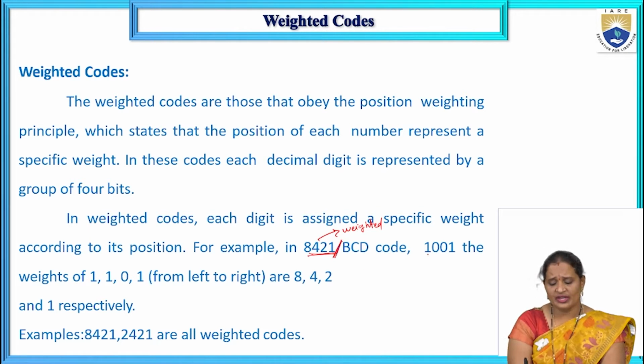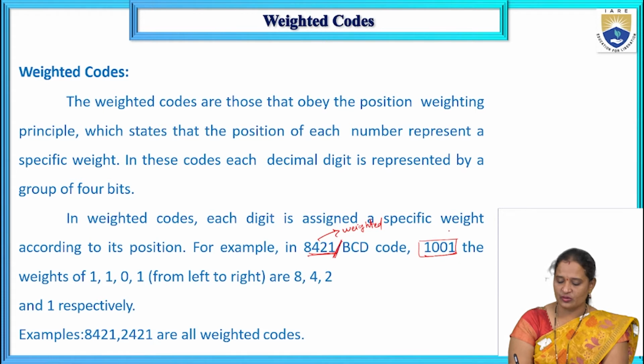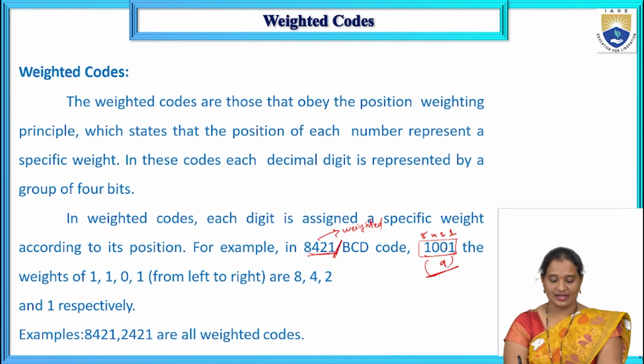So what is the equivalent of 1001? According to the 8421 code, the positional weights are 1, 2, 4, 8. So that is 8 into 1, 8, plus 1 into 1, 1. The decimal equivalent of this is 9.